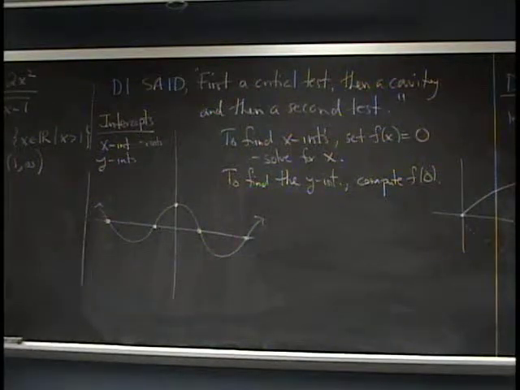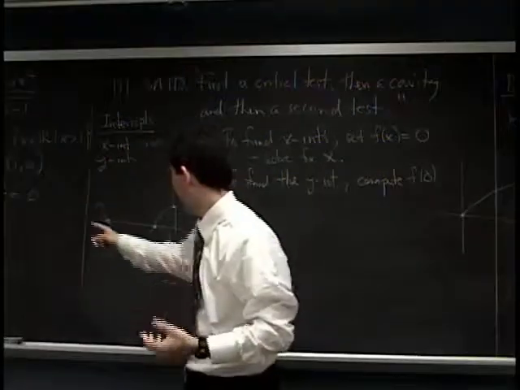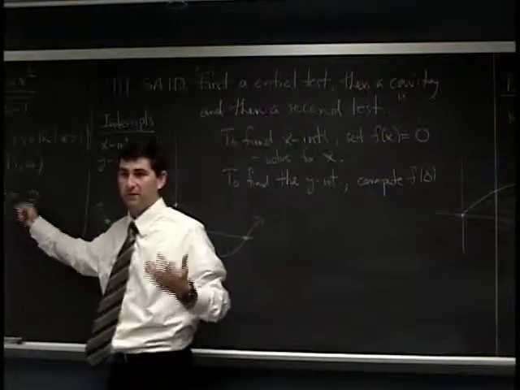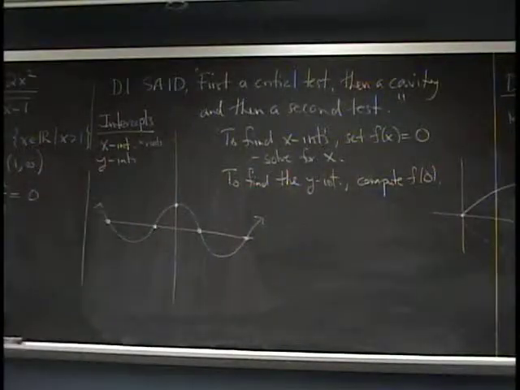Well, let's see. We have to set this equal to 0, right? So for the x-intercepts, we write 2x squared over the square root of x minus 1, and then we set it equal to 0, and then we solve for x. Now, when you're dealing with fractions, and the fraction is equal to 0, there's a very handy rule. This fraction is only 0 when the numerator is 0.